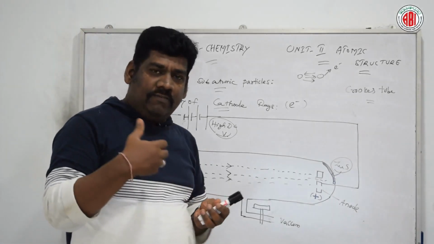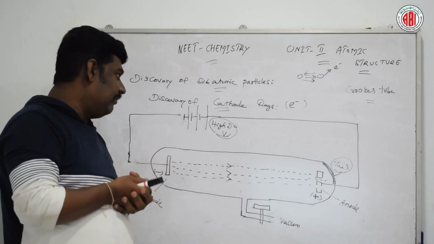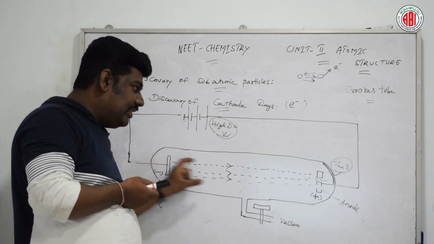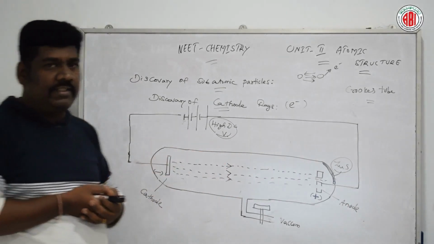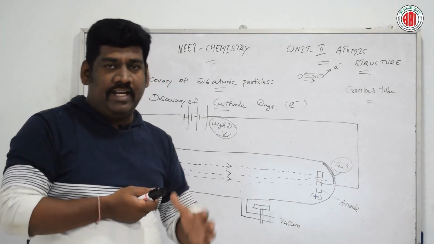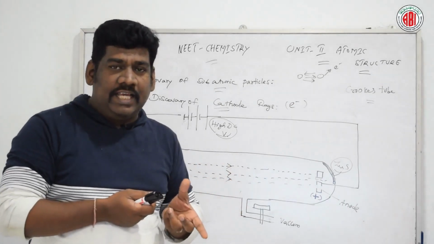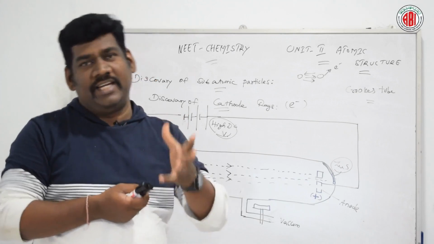Next, what is the third characteristic feature? The third characteristic feature of these rays is that they travel in a straight path. The rays travel in a straight line unless we disturb them with a high power electric or magnetic field.